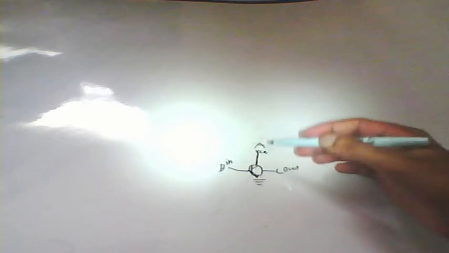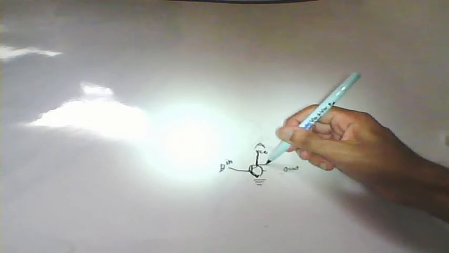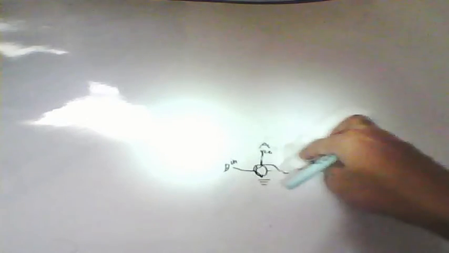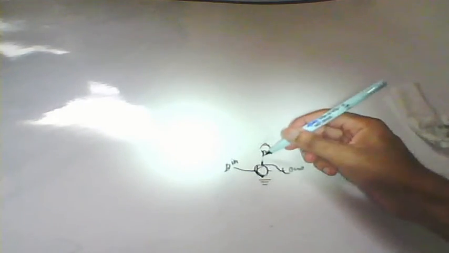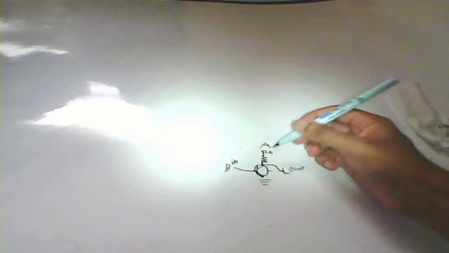So what happens here is, oh wait, hold on, I've drawn this wrong already. This little wire actually attaches up here. And we need a resistor here. So what happens, right?